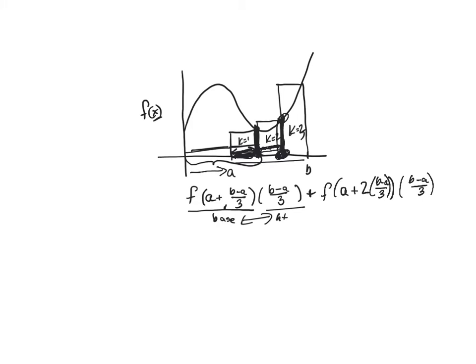Okay. I probably don't have enough space up there, so let's do this. Let's go and get an estimate of my integral of f of x dx with that Riemann sum. It's a right Riemann sum with 3 rectangles, okay?